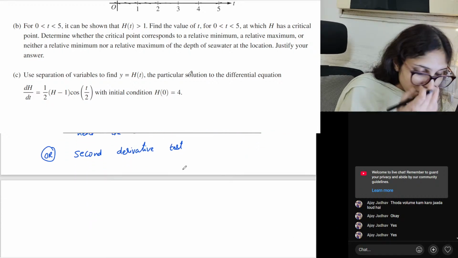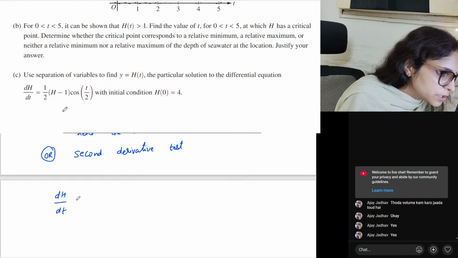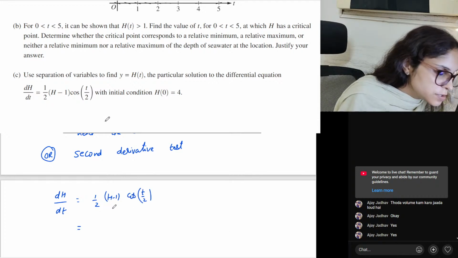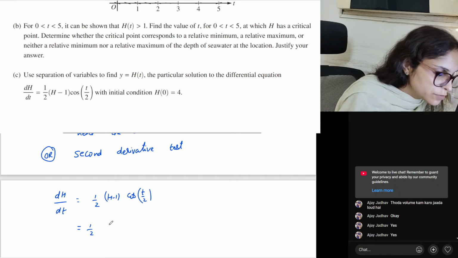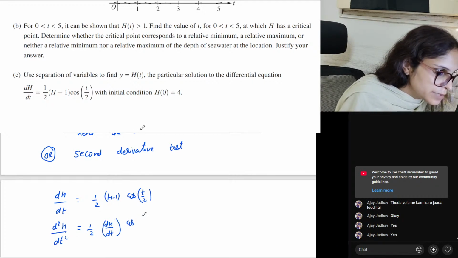So to get the second derivative test, what will we have to do? Now dh over dt is given as 1/2 (h minus 1) cosine t over 2. So first we'll have to apply the product rule. We take the derivative of h minus 1, which will be dh over dt, times cosine t over 2.